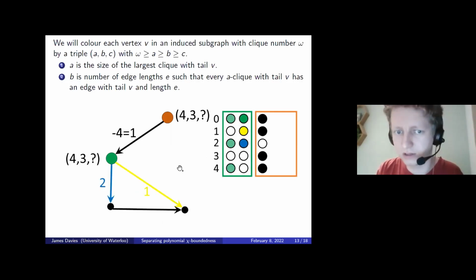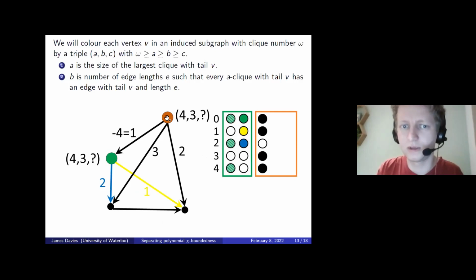And that looks like this. And again, this will generate a 4-clique with tail orange here, because we then must have these edges of length residue 2 and 3. And now this gives us a 4-clique of another type for orange, 0, 1, 2, 3.